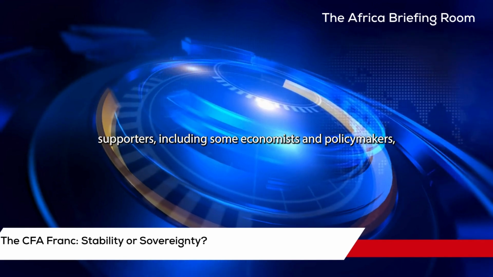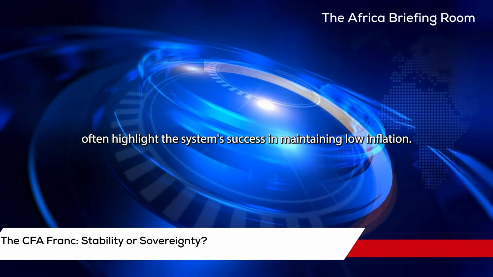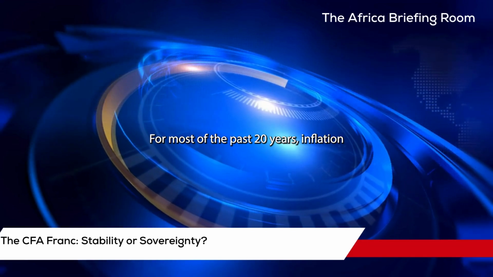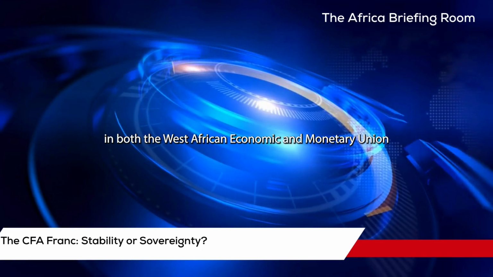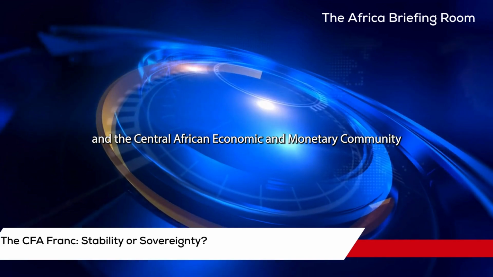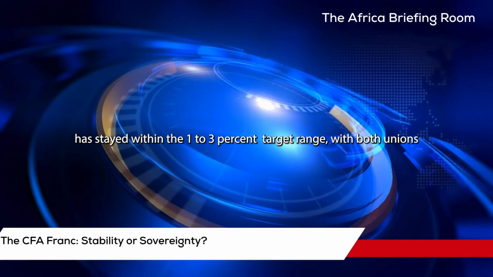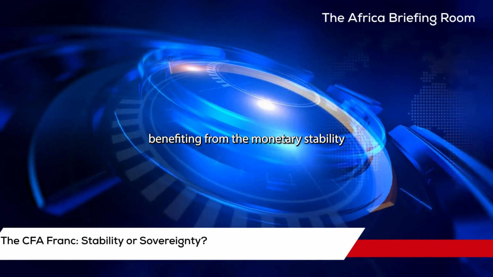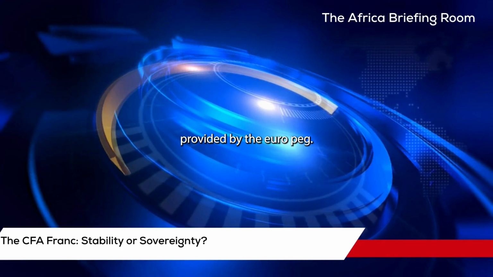Supporters, including some economists and policymakers, often highlight the system's success in maintaining low inflation. For most of the past 20 years, inflation in both the West African Economic and Monetary Union and the Central African Economic and Monetary Community has stayed within the 1 to 3% target range, with both unions benefiting from the monetary stability provided by the euro peg.